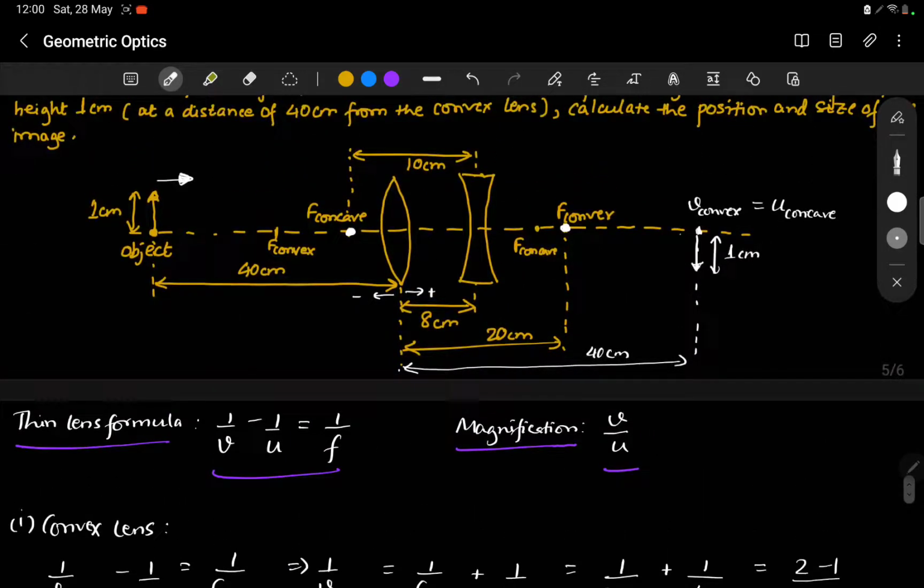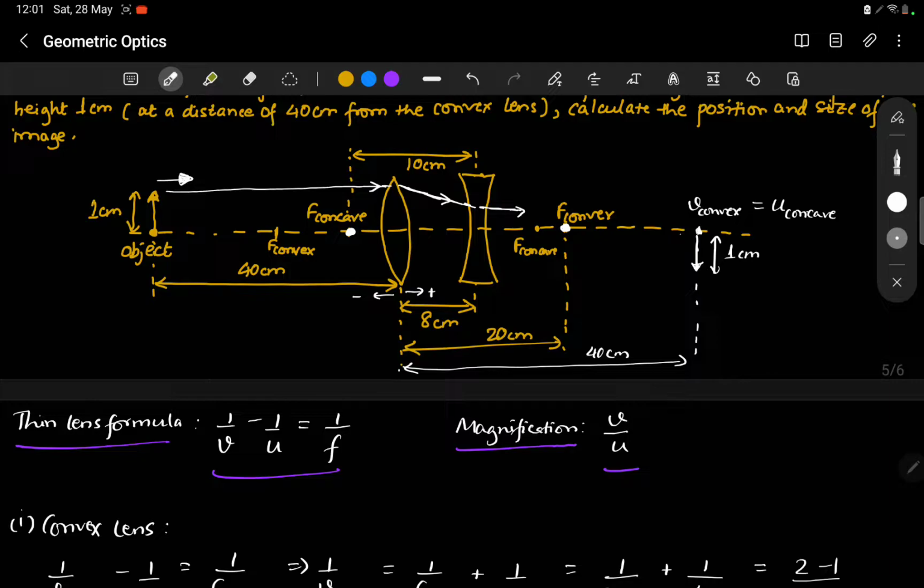And if we draw some rays over here, let me draw one ray. We'll have, let's say, a parallel ray coming in, hitting the convex lens, then it will get converged and then hit the concave lens, and then it will be a little bit diverged because of the concave lens.